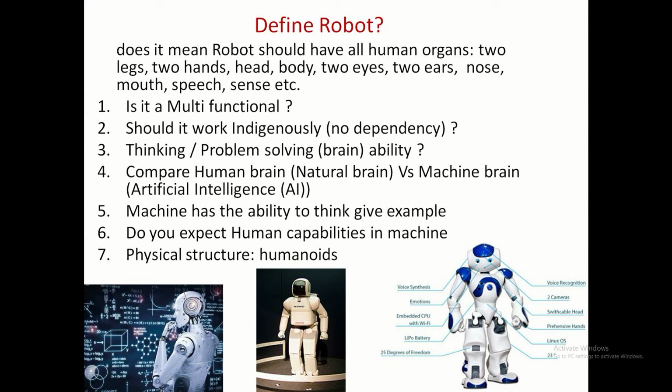It is also having some mechanical movements and so on, but then we don't call them a robot. So let me put it this way. When I am saying robot, then it is a reconfigurable system, a multifunctional system.